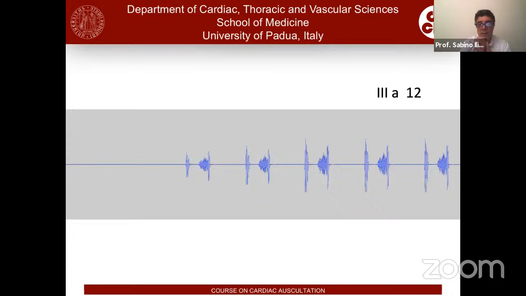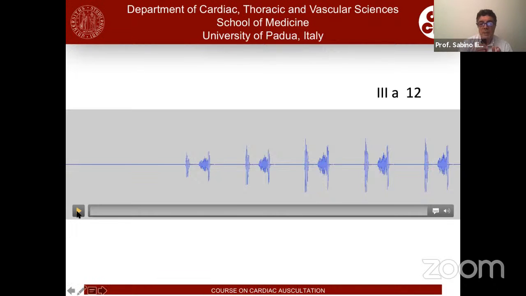So let's listen to this jet, watching the phonocardiogram, and then we shall review it with closed eyes. So please be concentrated, because you will hear the first sound, the empty space, and then murmur and second sound.